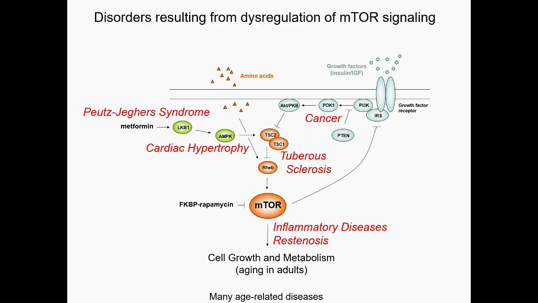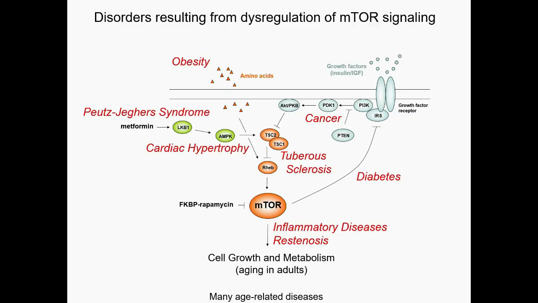And this can be either malignant forms of cell growth or benign forms of cell growth, but in all cases, cell growth. And more recently, mTOR has been implicated in another set of disorders, the disorders known as metabolic diseases, and those are such as obesity and diabetes.